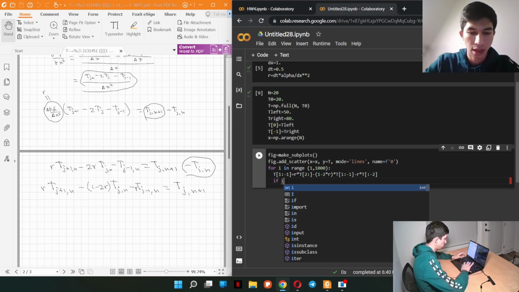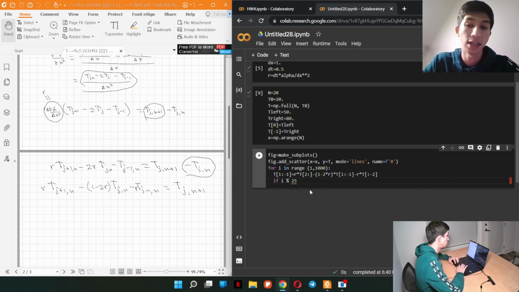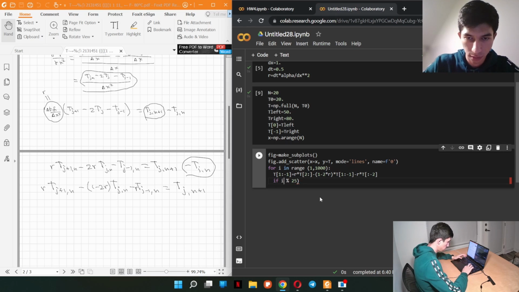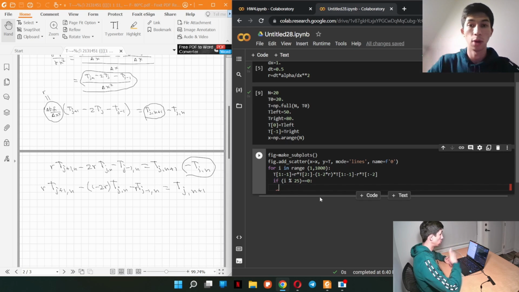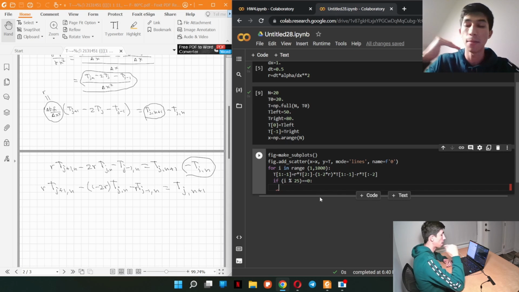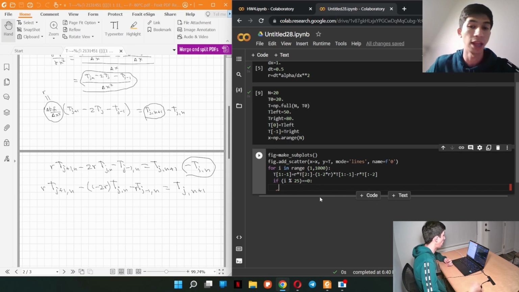if I is a multiple of, let's say, 25. So what this gives us is a remainder. So whenever this is going to be equal to 0, we're going to plot it, okay? Because if the number can be divided by 25, the remainder is going to be equal to 0, right? So we're going to only consider those points.